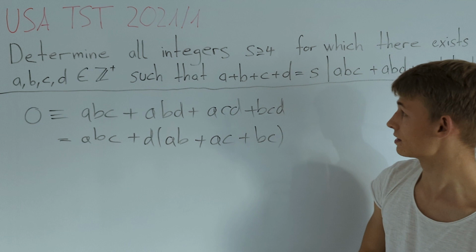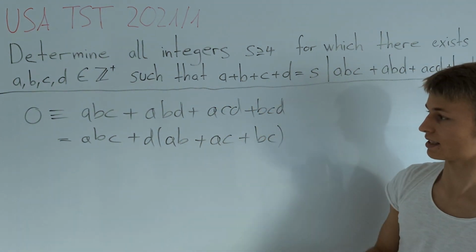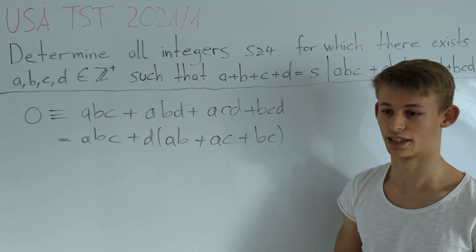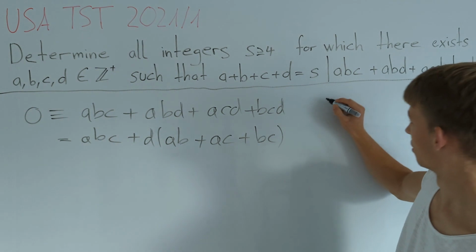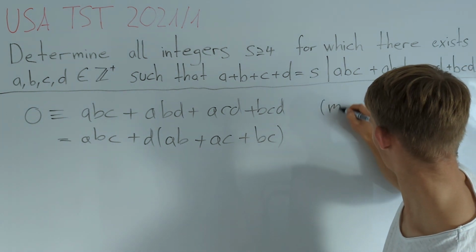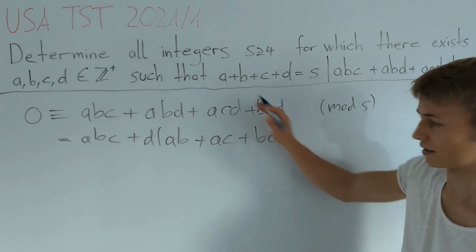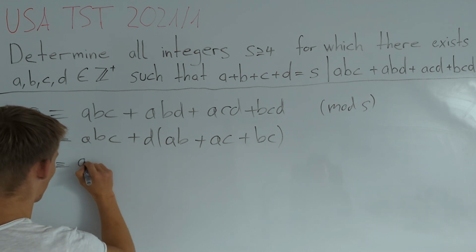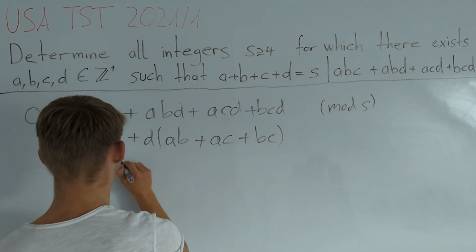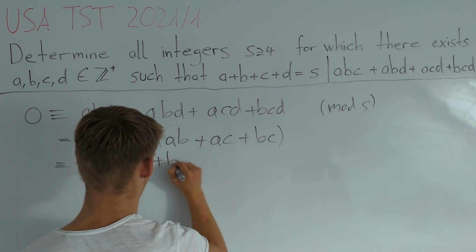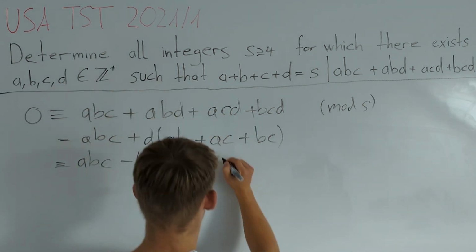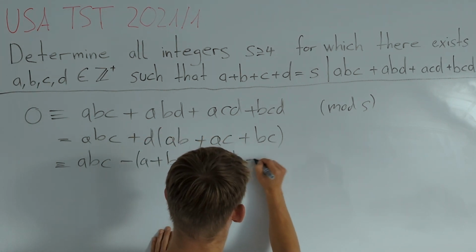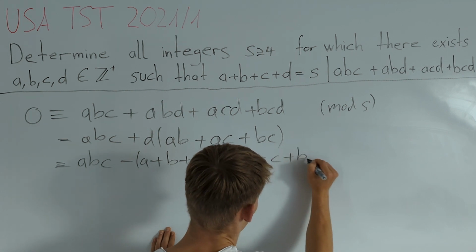Now, since we know that a plus b plus c plus d is equal to s, we can say that d is congruent to minus a minus b minus c modulo s. So maybe I should notice here that we work modulo s the whole time, and therefore we can write that this is congruent to abc minus (a plus b plus c) times this term here, ab plus ac plus bc.